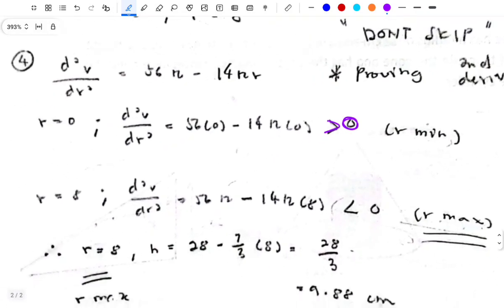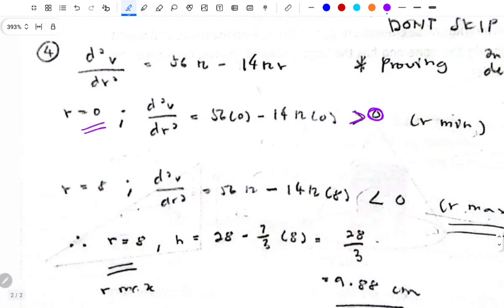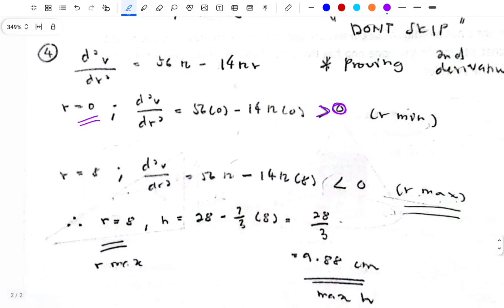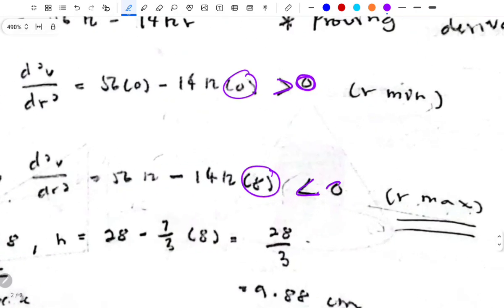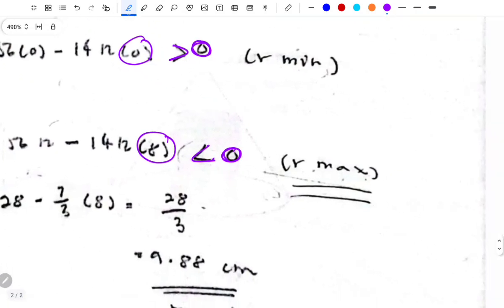So when r is 0, it produces the minimum volume of the cylinder. And when we insert r equal to 8 into the equation, we get that the value is less than 0, and when it is less than 0, the volume is going to be maximum.